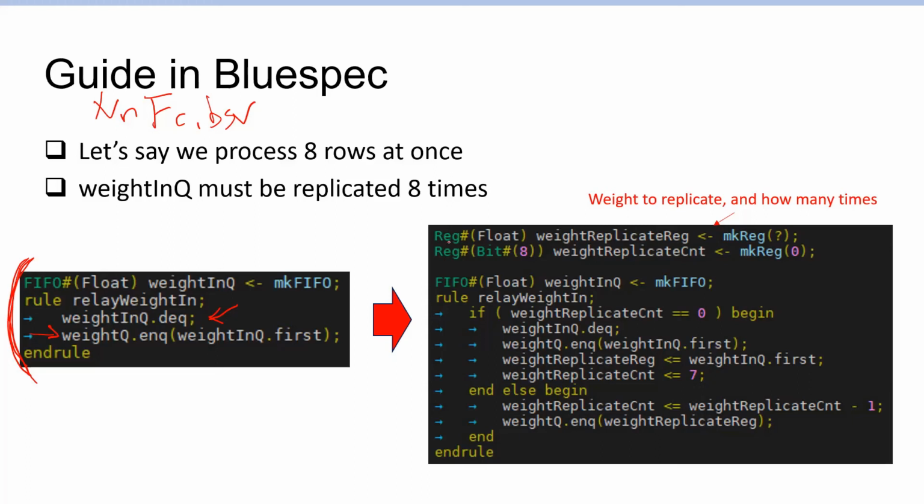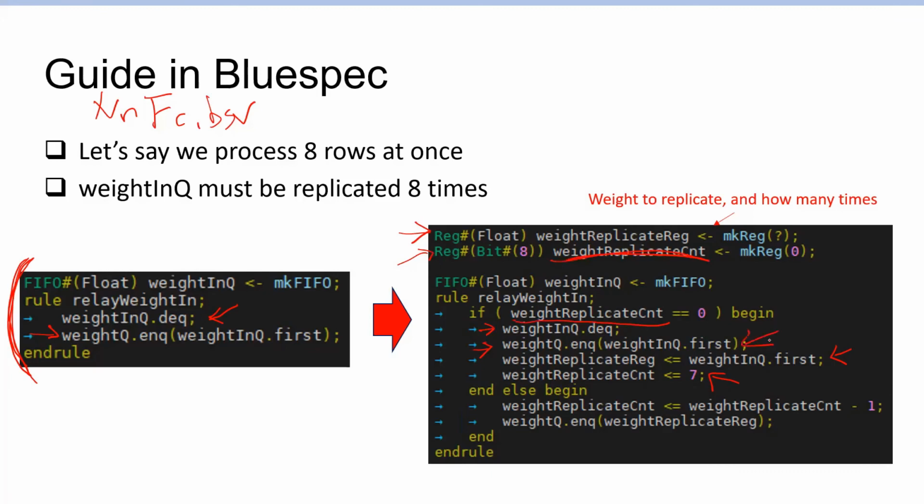So we add a register for holding the weight value to be replicated and a counter register to count how many times we want to replicate this. So in the beginning, when the weight replicate count is 0, we take in a new input from the weight in queue, and then we relay it to the weight out, the actual weight queue. And then we store the number 7 inside the weight replicate count because we want to replicate this 8 times.